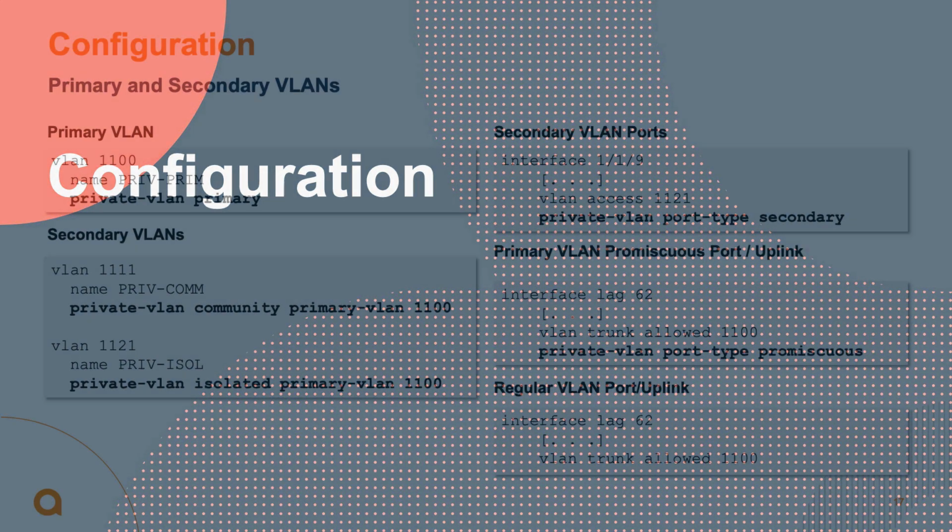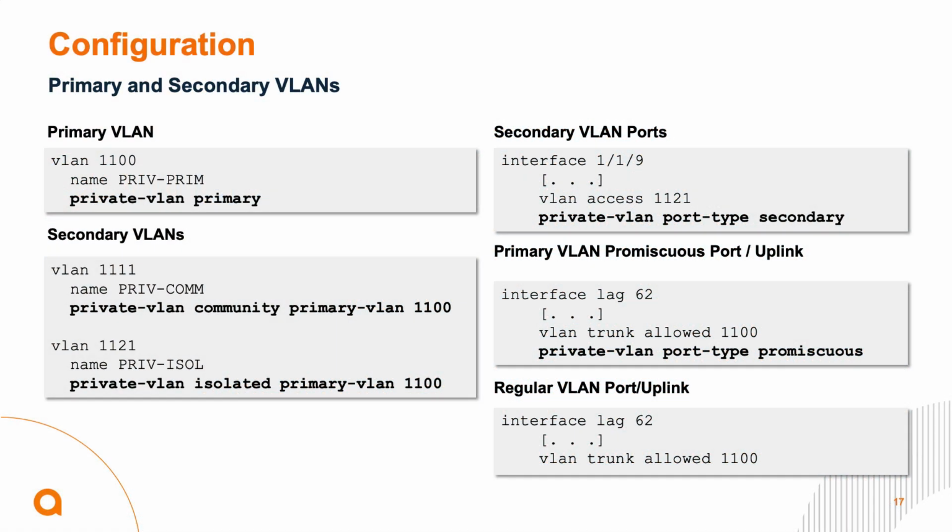Configuration. The configuration of a pVLAN is extremely simple. We create a primary VLAN as a normal VLAN, and then we add the command private VLAN primary. I recommend that you use good names for these VLANs because that will help you a lot when you visualize and troubleshoot private VLANs.